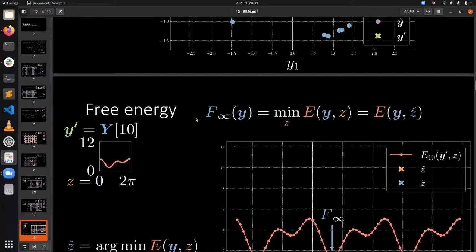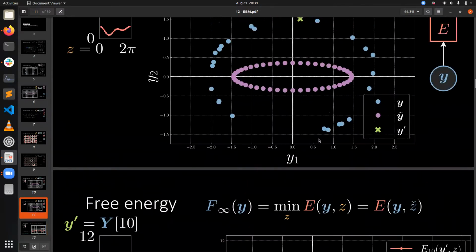So free energy, this is what is called zero temperature free energy. It is the minimum value of E(y,z).